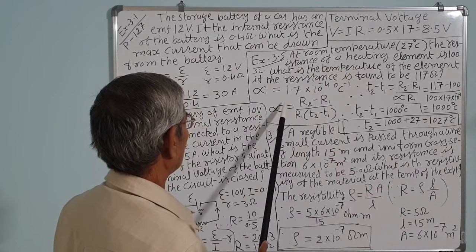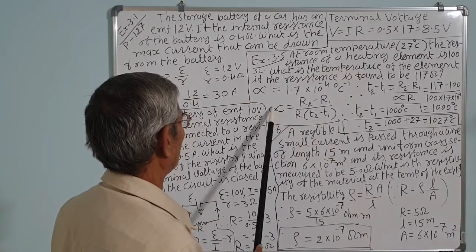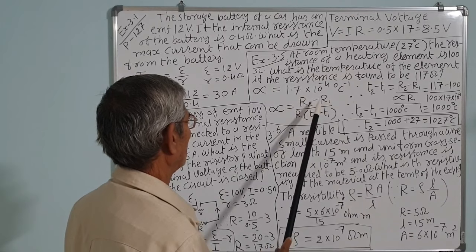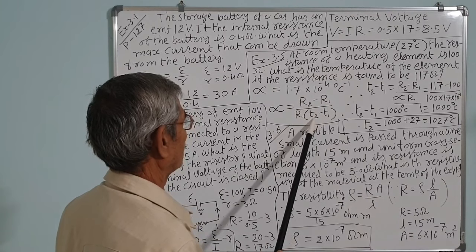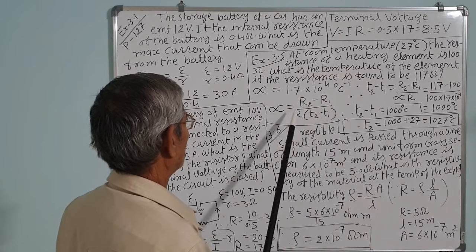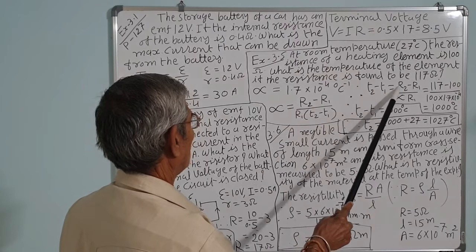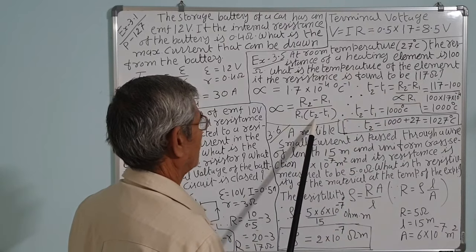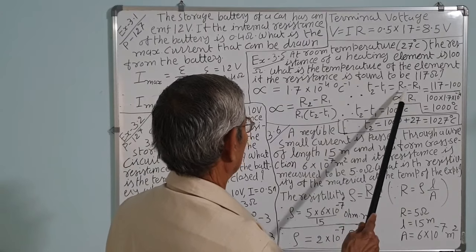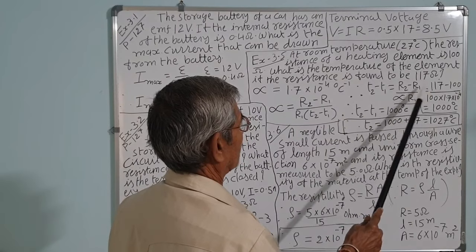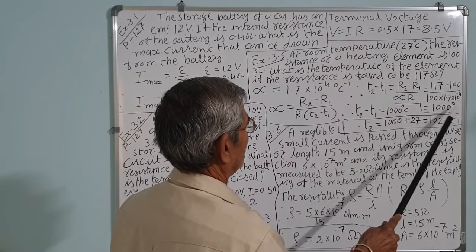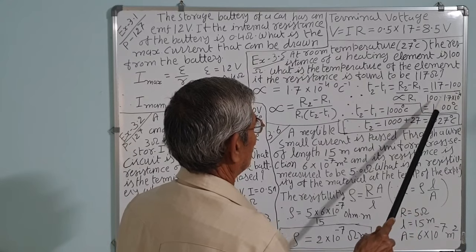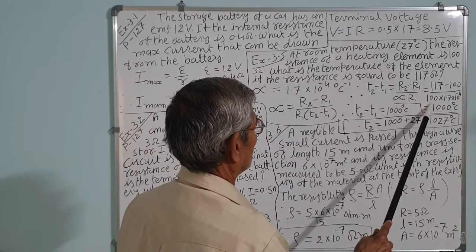We know that the temperature coefficient of resistance alpha is equal to R2 minus R1 upon R1 into T2 minus T1, correct. Therefore, T2 minus T1 is equal to R2 minus R1 upon alpha into R1. So, R2 is equal to 117, R1 is 100, alpha is 1.7 into 10 raised to minus 4 and R1, the resistance at room temperature, is 100.